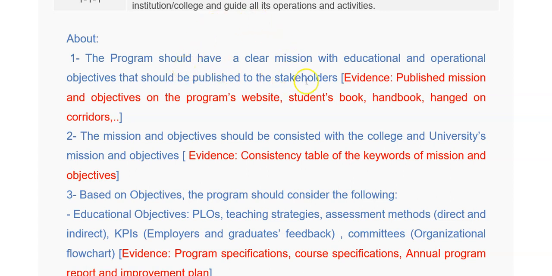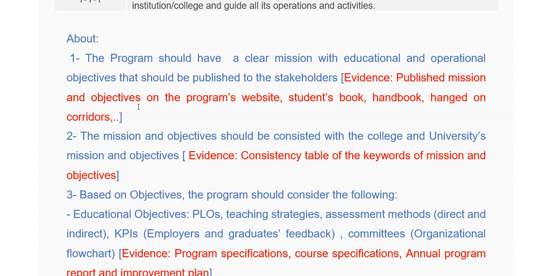In this, you have to show your evidence, and for evidence, you can show that you have a published mission and objectives on the program's website, students' book, handbook, or college book, and maybe it is hung somewhere in corridors or everywhere, so the stakeholders can see your mission and your objectives.